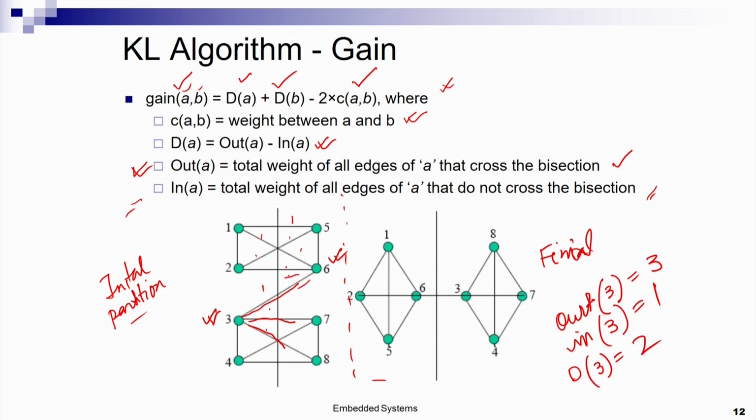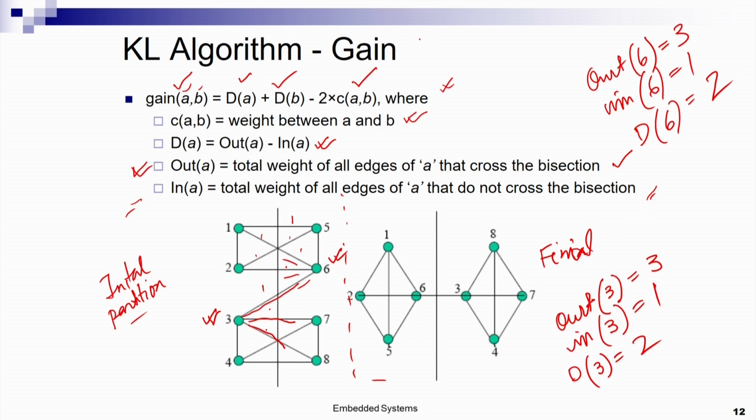Similarly, 1, 2, 3. So, out of 6 is also 3, and in of 6 is equal to 1. So, what is d of 6? D of 6 is also 2. Now, what is therefore gain 3 comma 6?